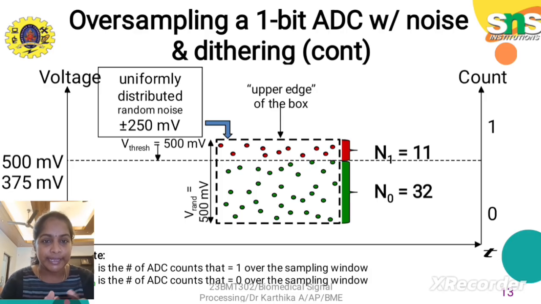Here is the example for oversampling: a 1-bit ADC, with noise and dithering count. Dithering: see here, uniformly distributed, and the upper edge of the box. Here N1 ADC count counts the ones over the sampling window, and N0 counts the zeros over the sampling window.